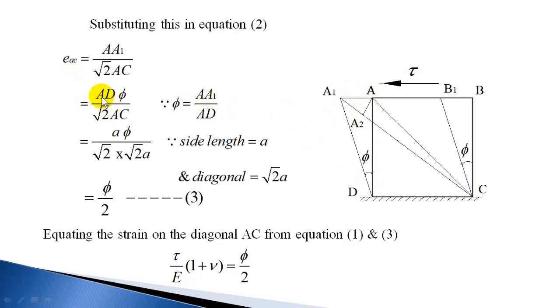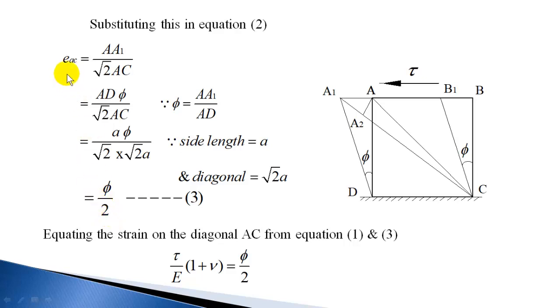Now AD, the height, is A. And AC, the diagonal of a square having side length A, is root 2 A. So AC is root 2 A, AD is A. I just replaced AD as A and AC as root 2 A. So you get, A cancels, phi by root 2 into root 2, phi by 2.